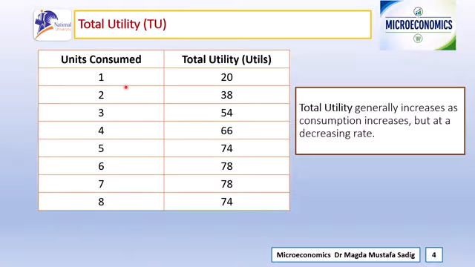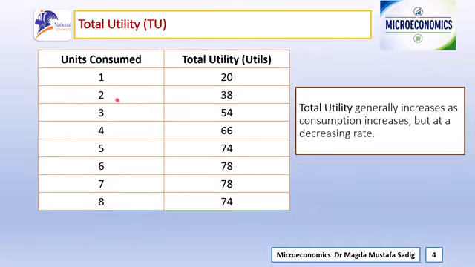Let me first explain the total utility table. Let us examine the table carefully. Notice that after consuming the first unit, total utility equals 20 utils. After consuming the second unit, total utility rises to 38 utils.